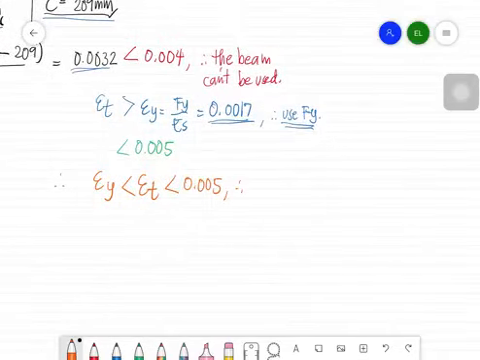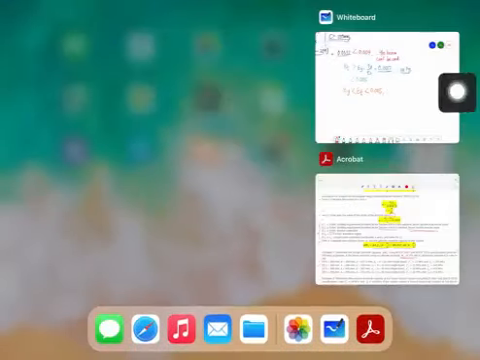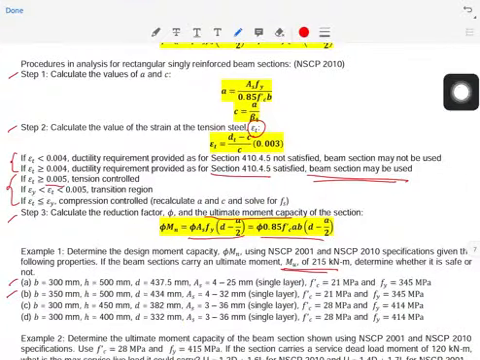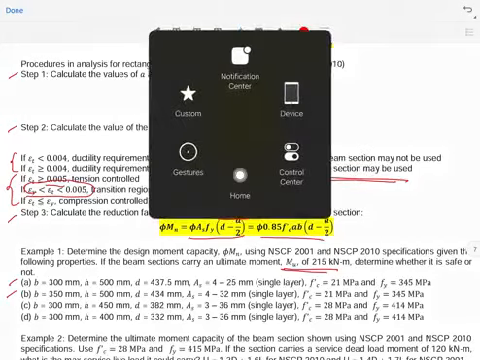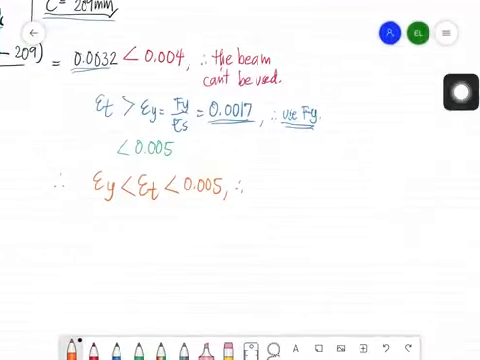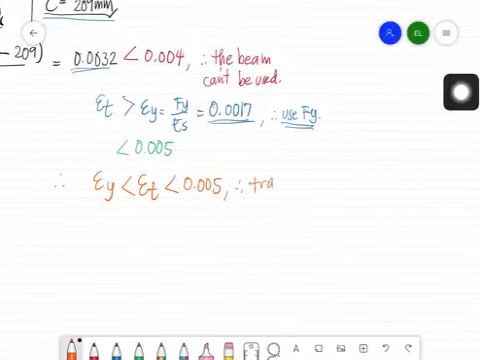Based on our handouts and the code, when strain T is greater than strain Y but less than 0.005, the condition is transition region. So this is transition region.